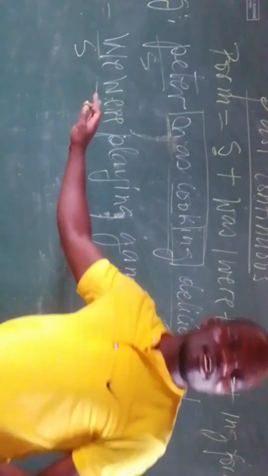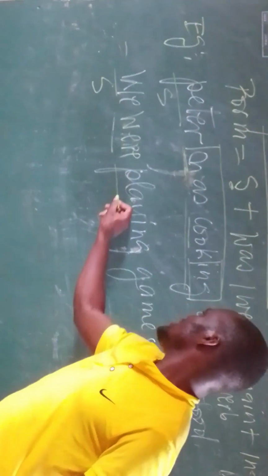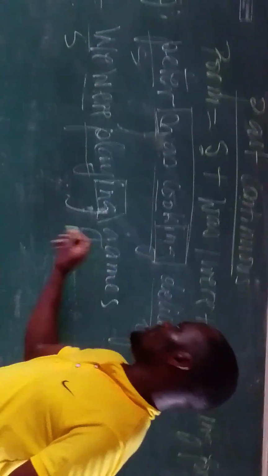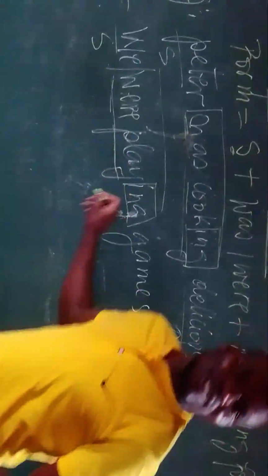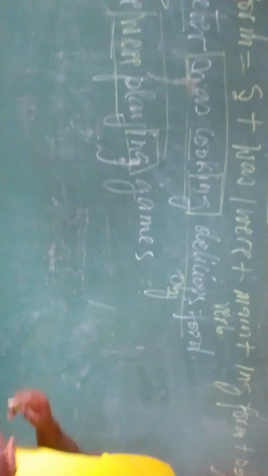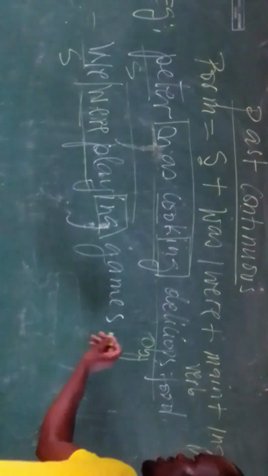This is an auxiliary verb, the verb to be in simple past, by adding any verb, to play, with this ing form to form past continuous. This is past continuous. We were playing games.